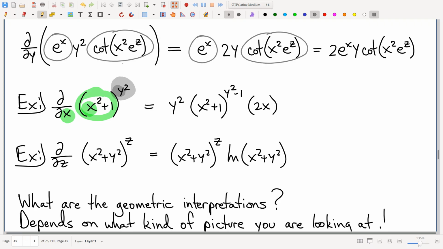I have a function to the power of a constant. Power rule. That's all there is. This is just a power rule problem. And that constant, as in the power rule, does like that. You multiply out front by the constant, you subtract 1 from that constant exponent, the function remains where it is, and then by the chain rule you multiply by the derivative of that base.